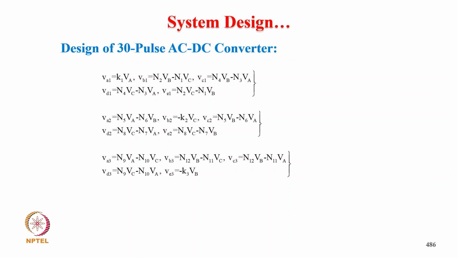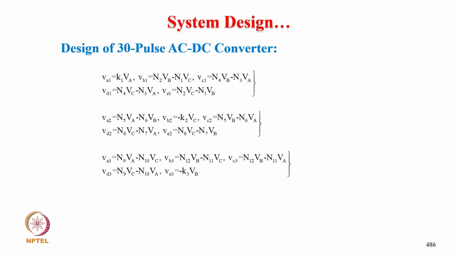VA1 equals K1 VA, VB1 equals N2 VB minus N1 VC, VC1 equals N4 VB minus N3 VA, similarly VD1 equals N4 VC minus N3 VA, and VE1 equals N2 VC minus N1 VB. VA2 equals N5 VA minus N6 VB, VB2 equals minus K2 VC, VC2 equals N5 VB minus N6 VA, VD2 equals N8 VC minus N7 VA, and VE2 equals N8 VC minus N7 VB.